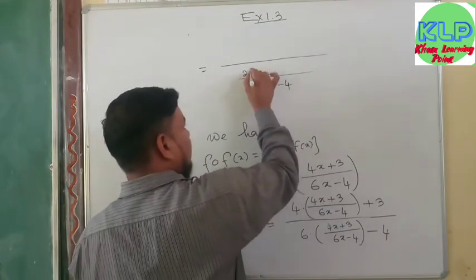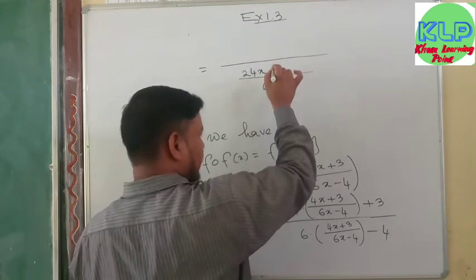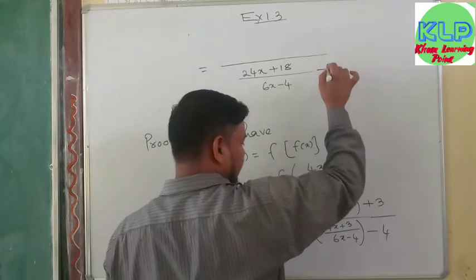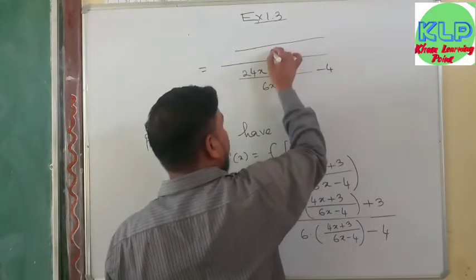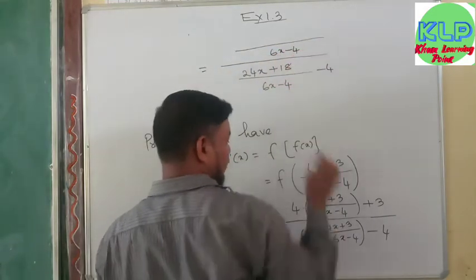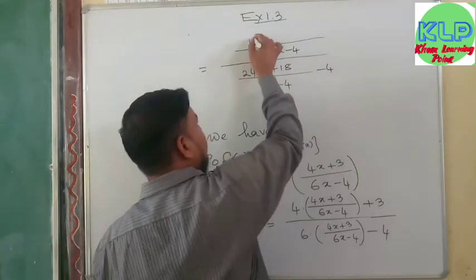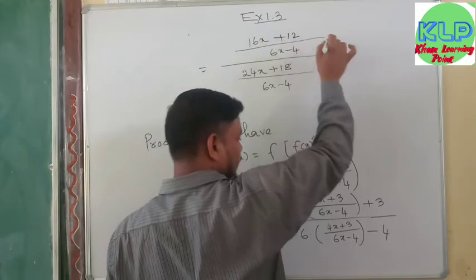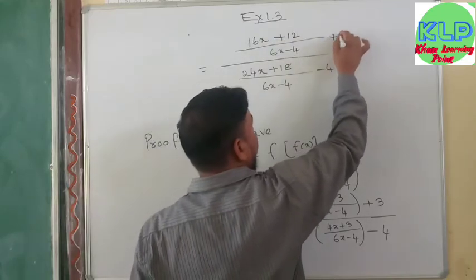Equal to, now just here 6x minus 4 multiply, 6 4s are 24x plus 18 minus 4. Here also 6x minus 4. 4 4s are 16x plus 4 3s are 12 plus 3.